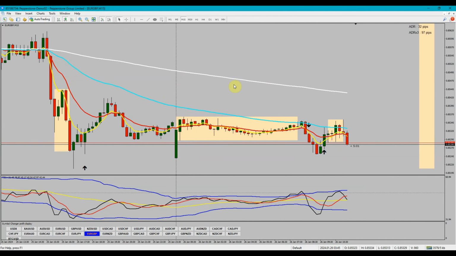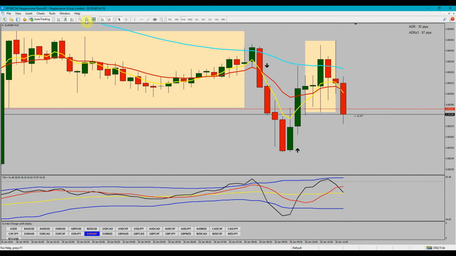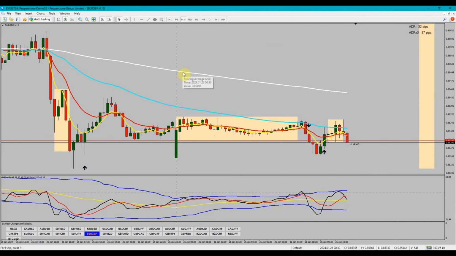On my 15-minute chart, I want to see my 200 above my 50-period moving average, which is what we have here. So my white is above the blue. This is very, very simple. My white being above my blue tells me that I am in a downtrend on my 15-minute chart.